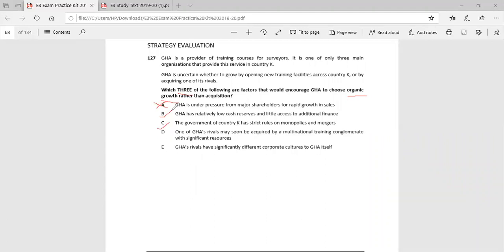Should we go with D or not? Should we go with E or D? E says GHA's rivals have significantly different corporate cultures to GHA itself. So which one is more appropriate?